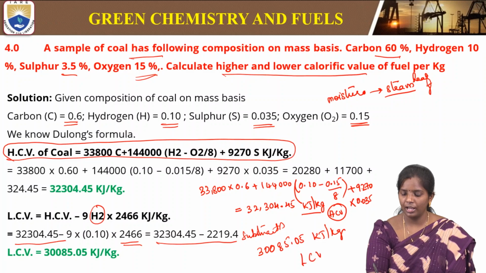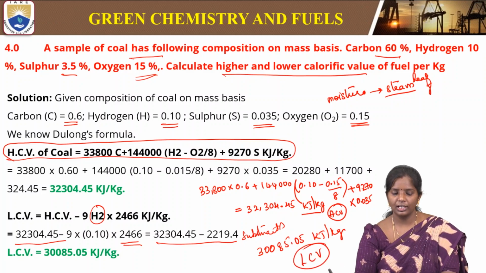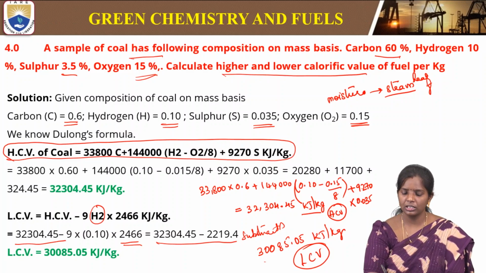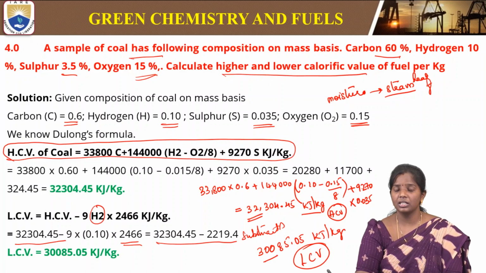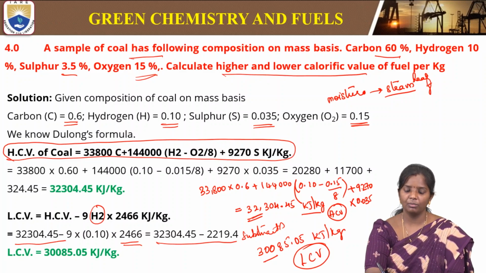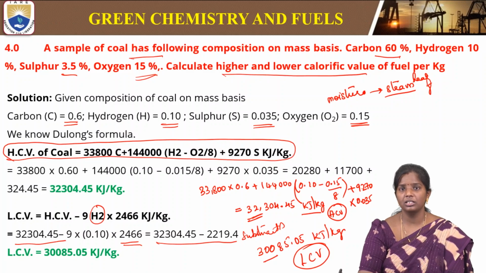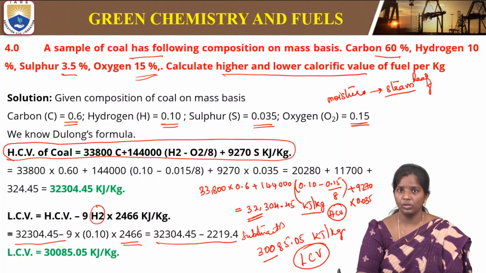So this is the LCV value. This is the HCV and LCV value for that coal sample. If you see, this is 30 and this is 32. So 2000 kilojoules per kg is just because of heat of steam. That is how, whenever there is oxygen content, the HCV value will be higher because of the heat of steam, which is present due to moisture in that coal sample.